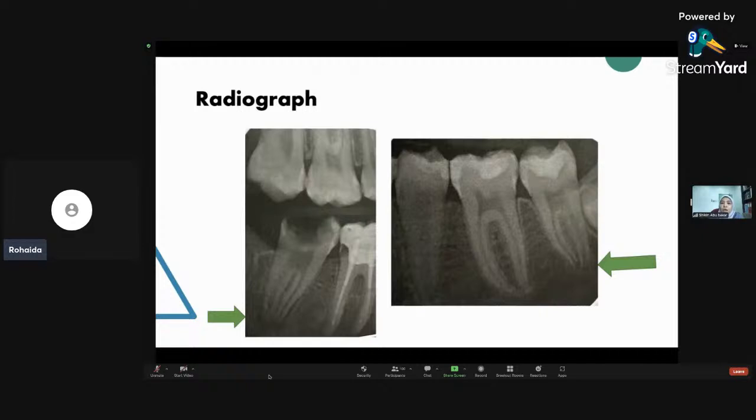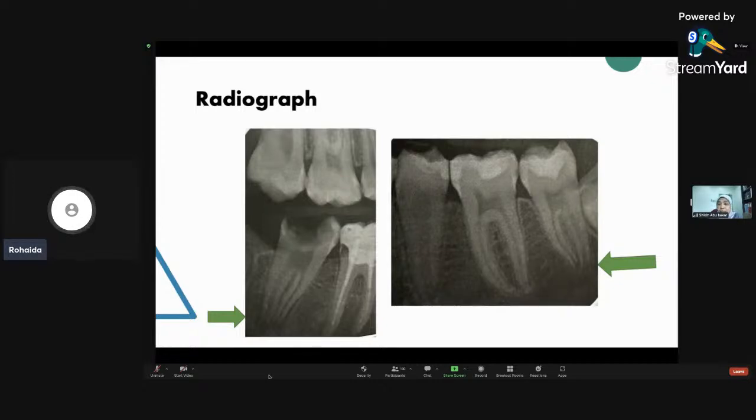Okay. For the radiograph of immature permanent teeth, sometimes we might be confused. If you see the photo on the left side, you can see the presence of a periapical lesion, but it's not only in the periapical area, it also involves the lamina dura, with increased radiolucency at the lamina dura area. So it shows that there is inflammation or infection in that area.